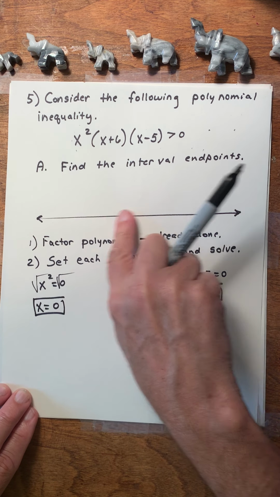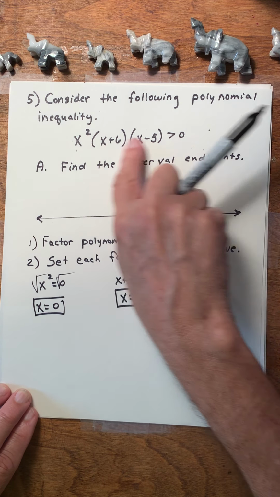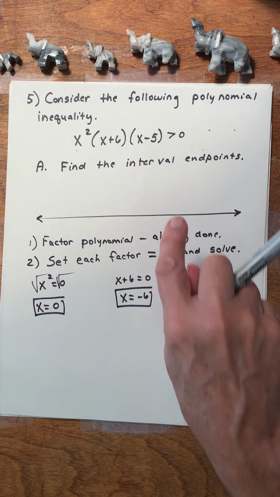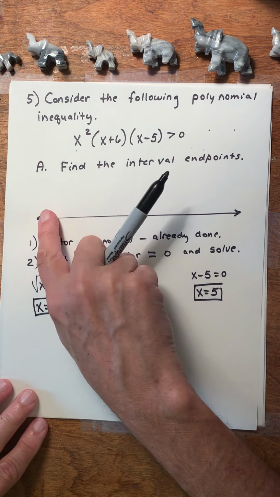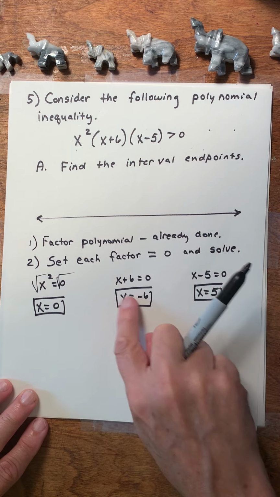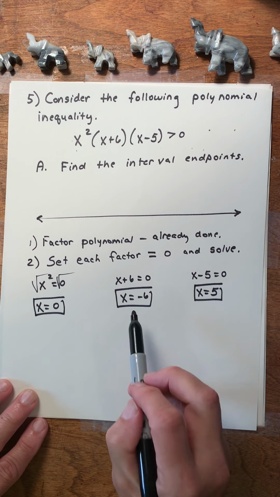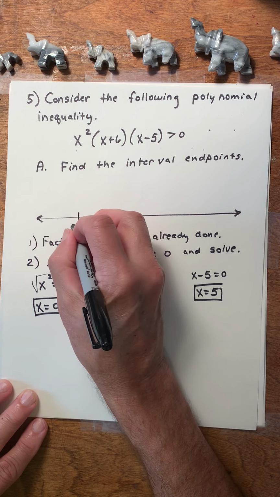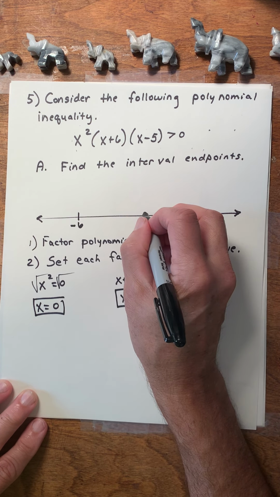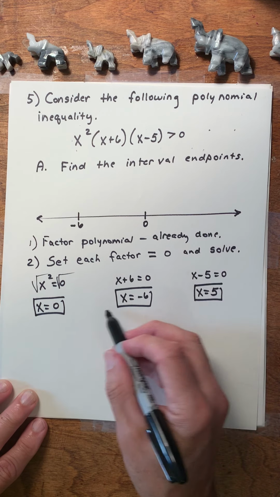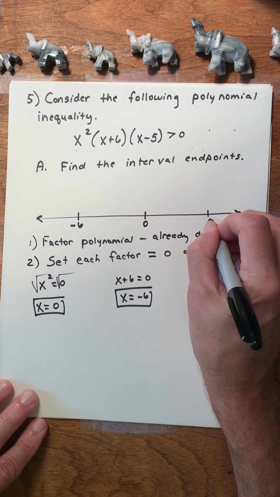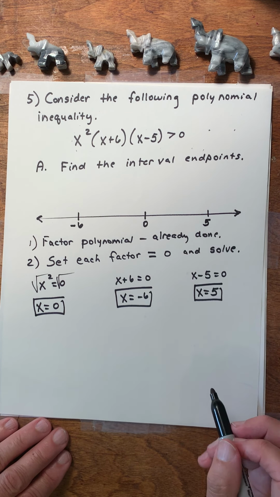Sometimes these guys are called critical points. They're the places on the number line that break up my solution set. So I've got to mark it: -6, 0, and 5. All right?